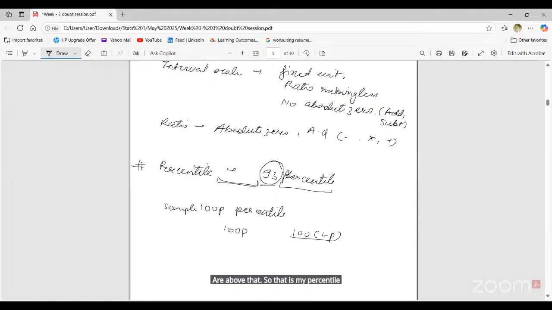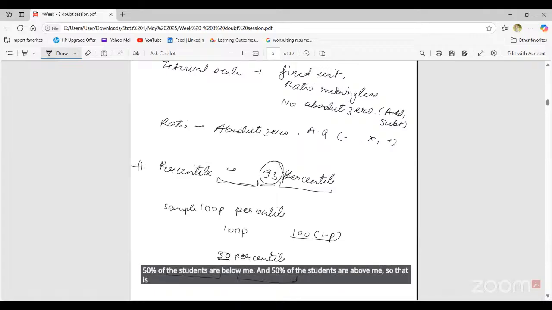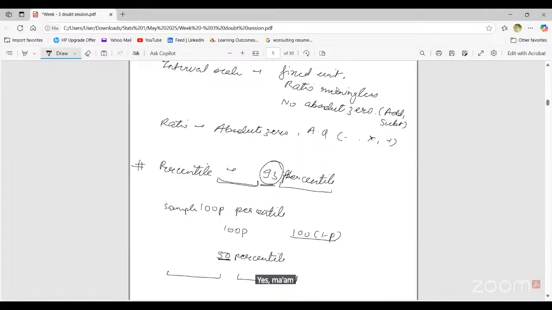So if I say 50th percentile, what do you mean by 50th percentile? That means 50% of the students are below me and 50% of the students are above me. So that is a percentile. Got it? Yes, ma'am. That's it. Anything else? No, ma'am.